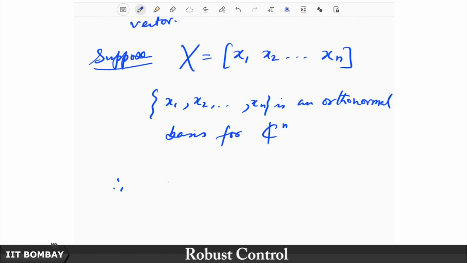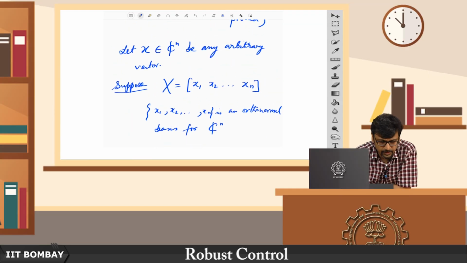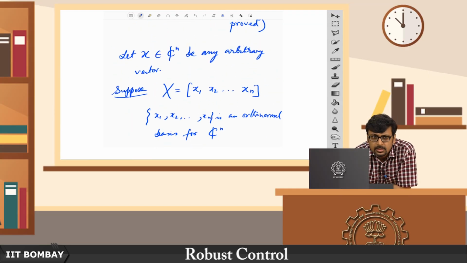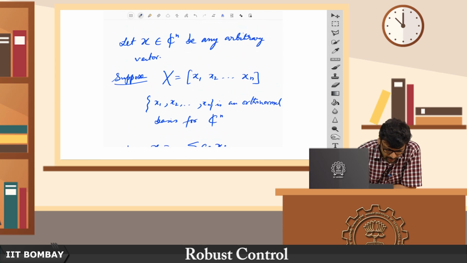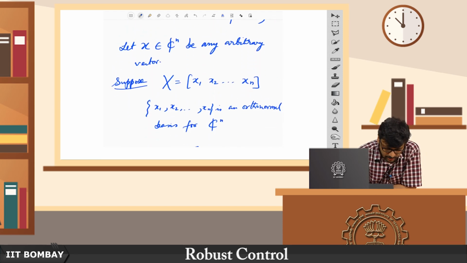Therefore, I can write that x is equal to summation Ci xi, right. So, I can write this as a linear combination of the vectors in the basis, no problems whatsoever with that, is it not.